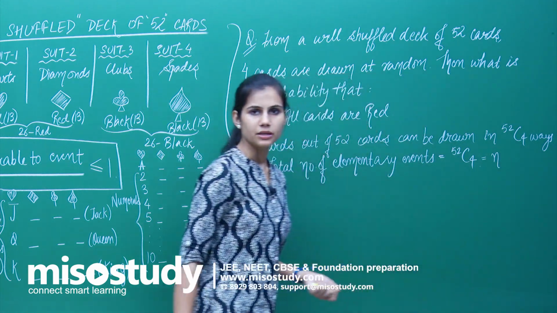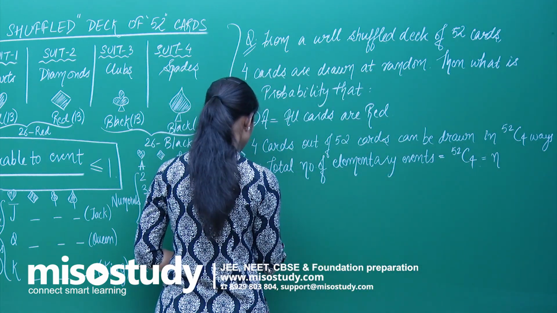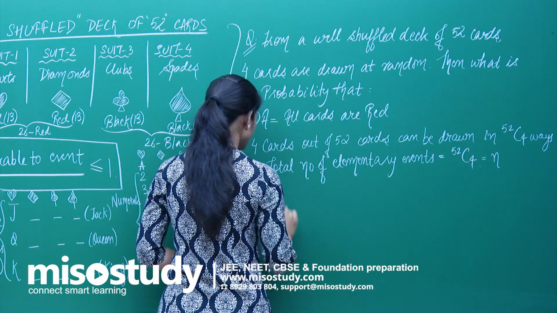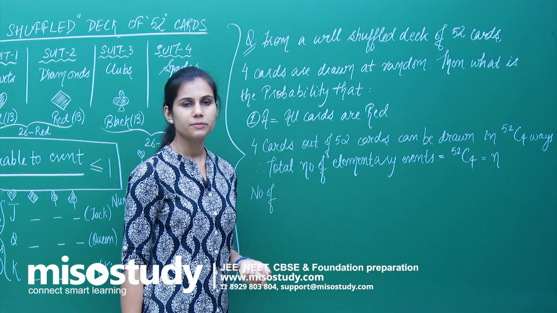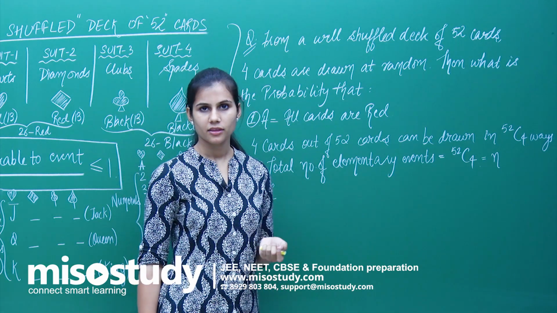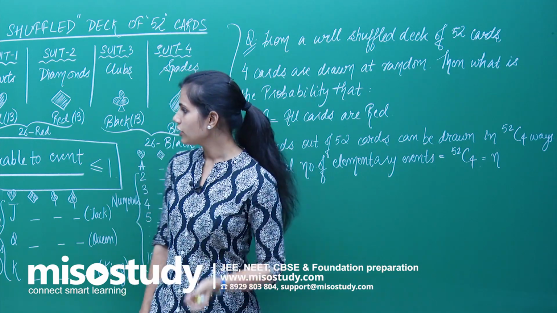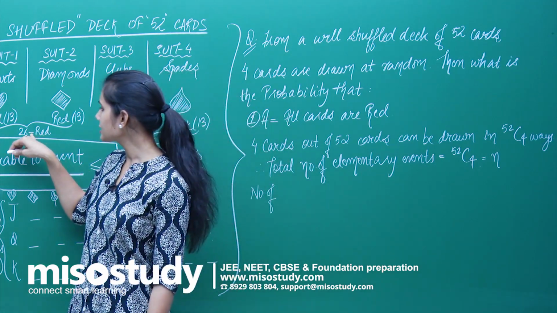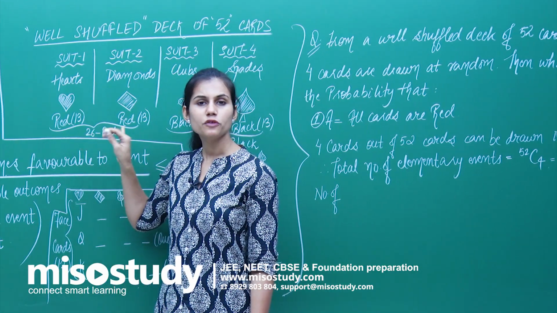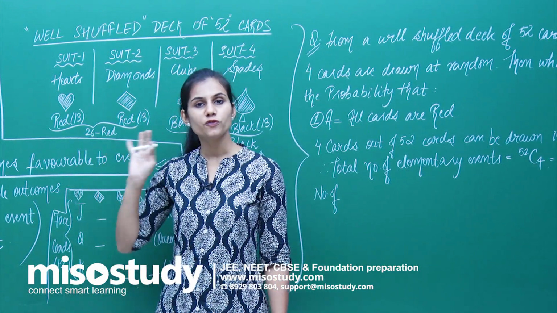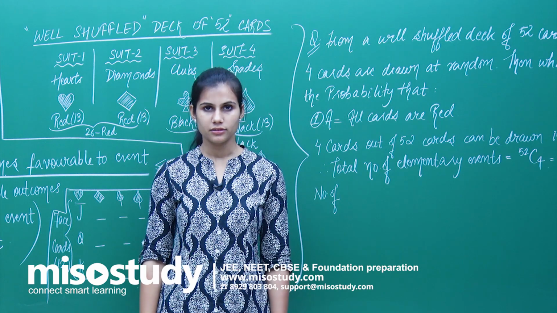What about m? m is the number of elementary events favorable to my event A. Now, if you can recall, there are 26 red cards. Out of 26 red cards, I want 4 red cards to be drawn, isn't it?